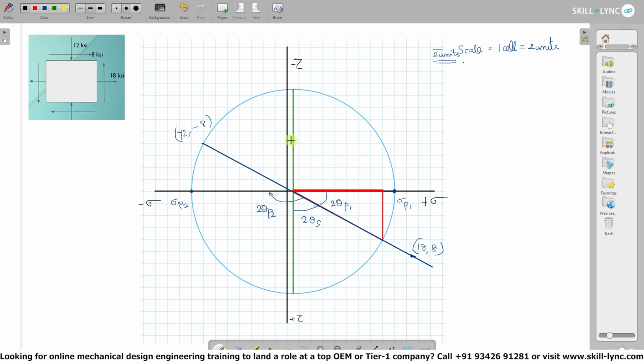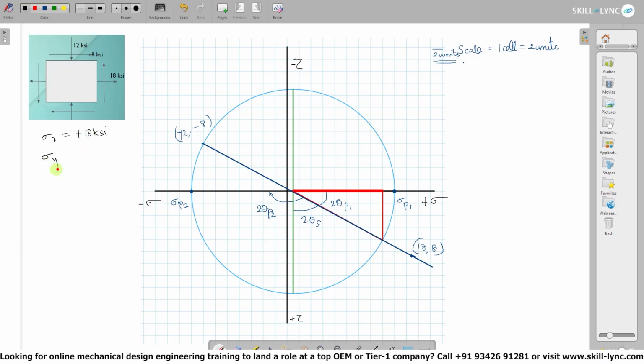Now before going into the circle, we'll need to jot down all our given values. Sigma x here will be equal to 18 ksi. It's 18 ksi because the stress here is tensile stress and it's going outwards. So it's going to be plus 18 ksi.